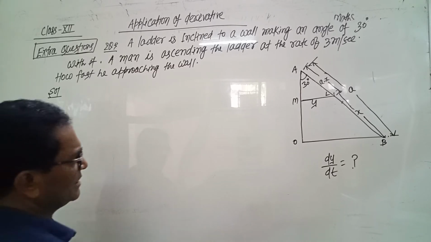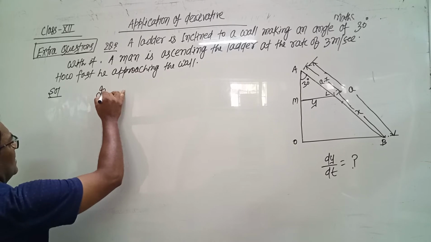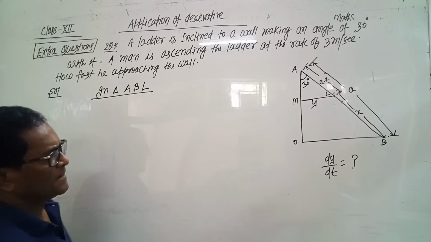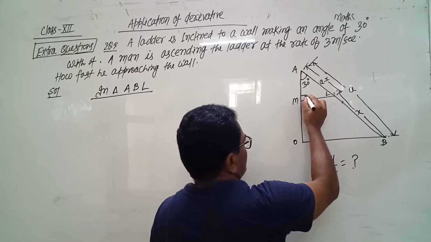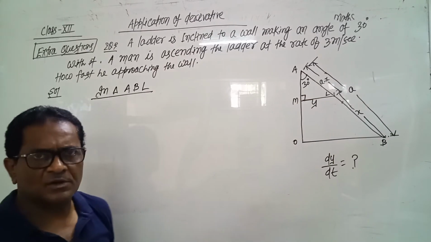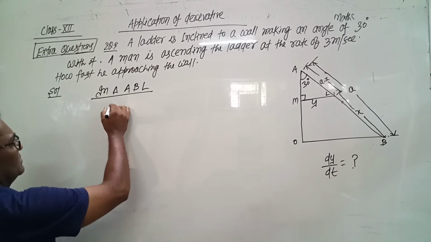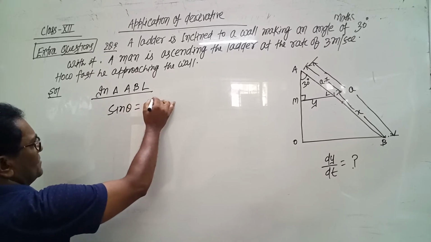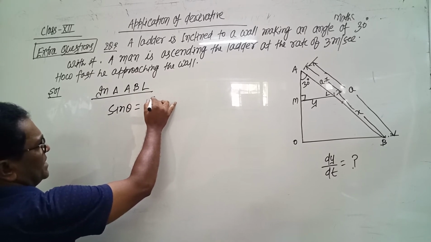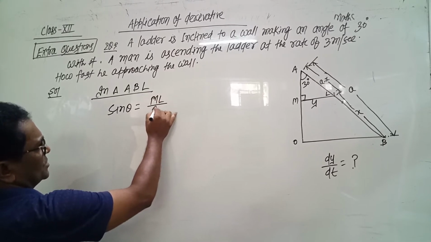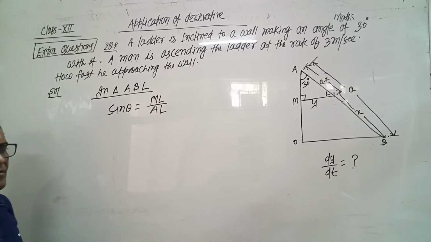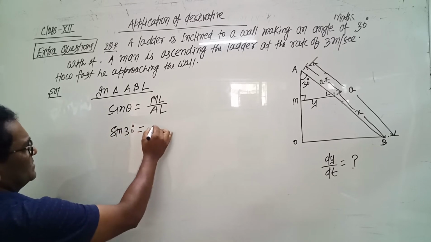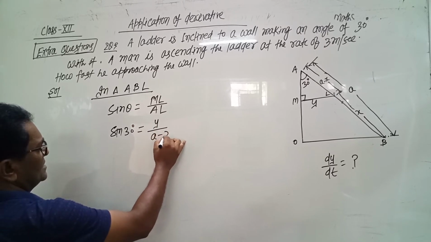So in triangle ABL, this is a right angle triangle. This is 90 degrees. We use the formula sin theta equals perpendicular upon hypotenuse, meaning perpendicular is y and hypotenuse is A minus x.